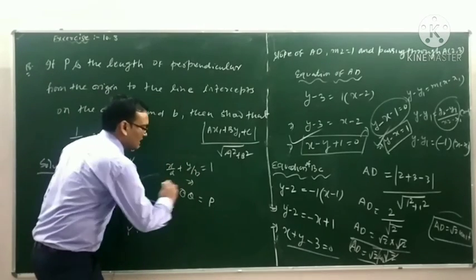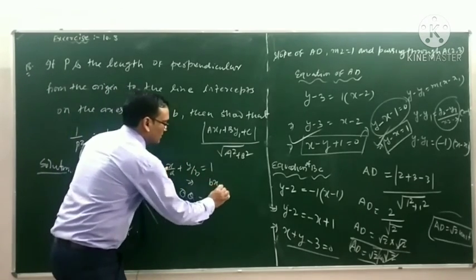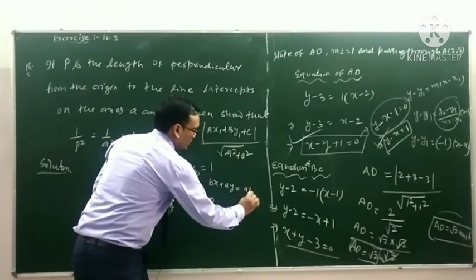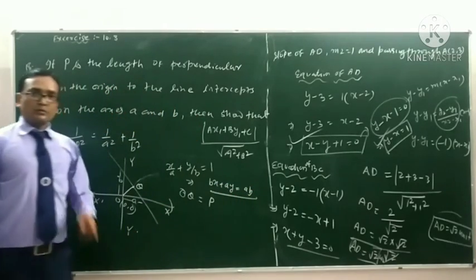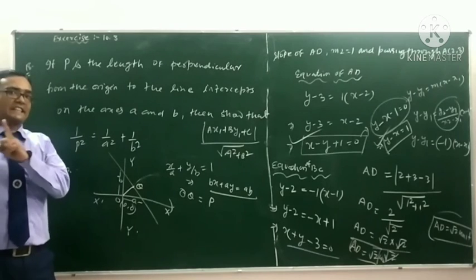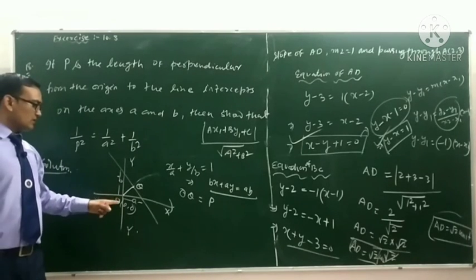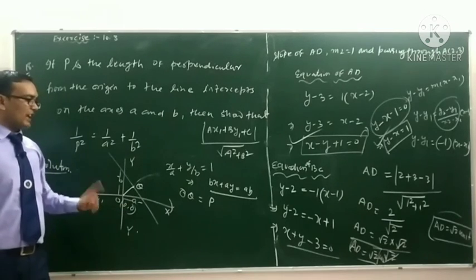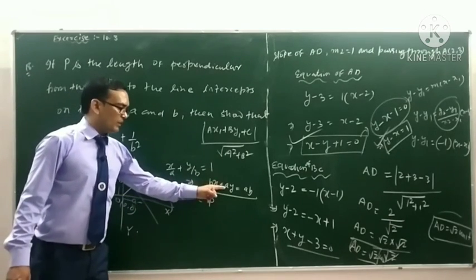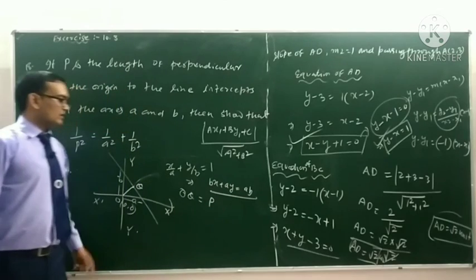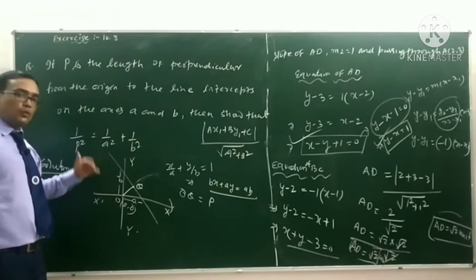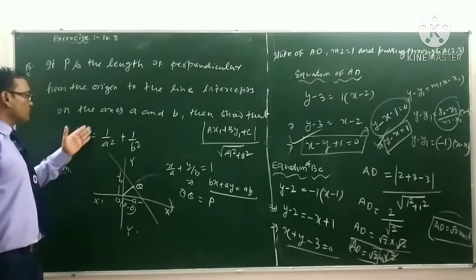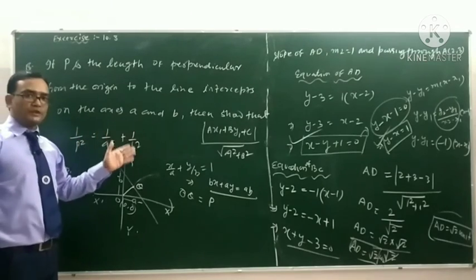That means this line is also written as bx plus ay equal to ab. You will find the distance of the point O 0, 0 from the line bx plus ay equal to ab. Then we will prove that 1 upon p square equal to 1 upon a square plus 1 upon b square.